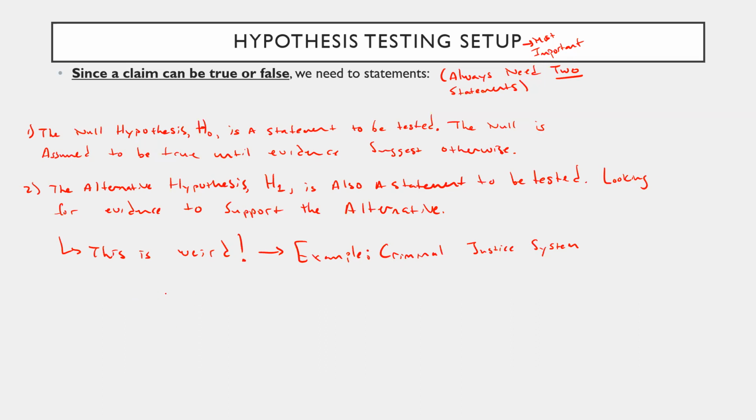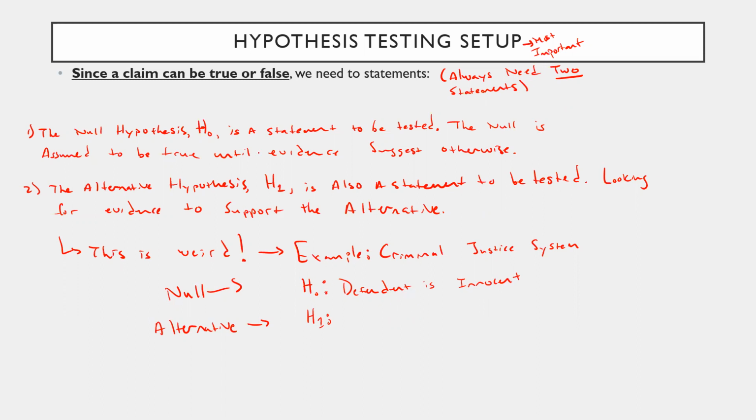So here's the thing. In the criminal justice system, we have a null hypothesis and an alternative. This is how we're always going to write these. You're going to have your null and then your alternative with colons like this. The null is that the defendant is innocent.